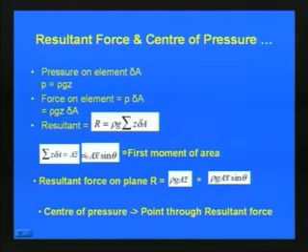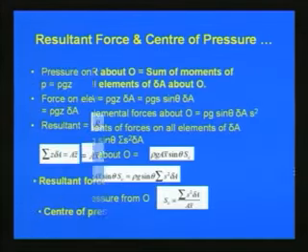If you substitute this sigma Z delta A in the expression, you get the resultant force on the plane R equal to rho G A Z bar, where Z bar can be written as x bar sin theta. So, that is equal to rho G A x bar sin theta, as shown in the last slide.